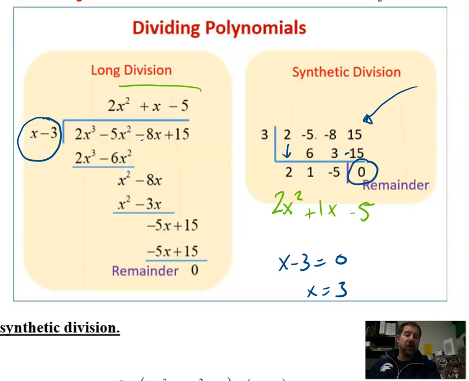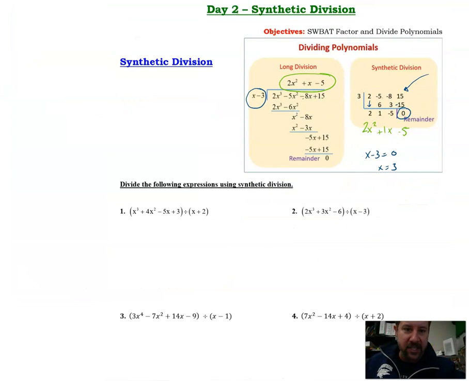And if we go back and look at our quotient here, our answer, 2x squared plus x minus 5. Hey, what do you know? Those are the same things. So we can use this synthetic division to make our division problems a lot easier, a lot nicer. All right, let's jump in and see how this works in action.